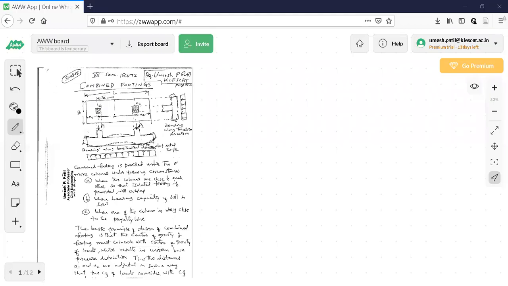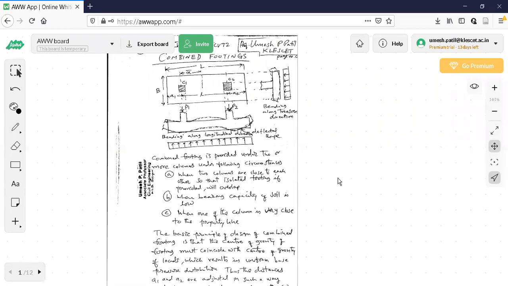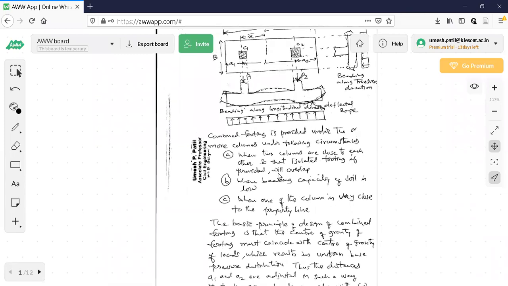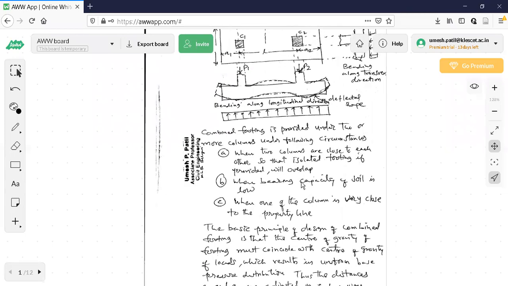So let us see what we have done so far. Design of a combined footing for two columns. As I told you, the necessity was when columns are very close to each other, if I design separate footings, they will overlap.